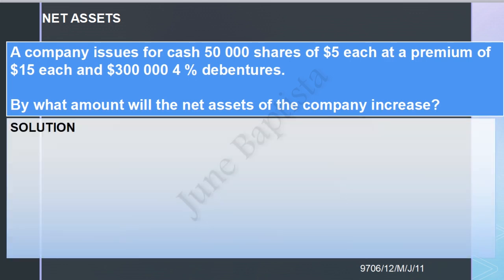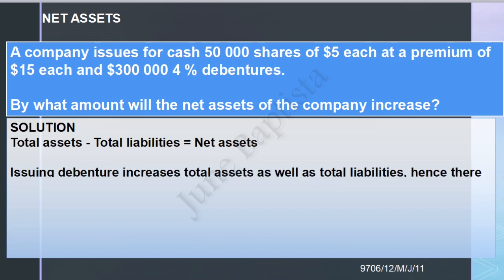Solution: remember, net assets is equal to total assets minus total liabilities. Issuing debentures increases the total assets by way of cash as well as total liabilities, as debentures are considered to be long-term liabilities. Hence, there is no change to net assets.